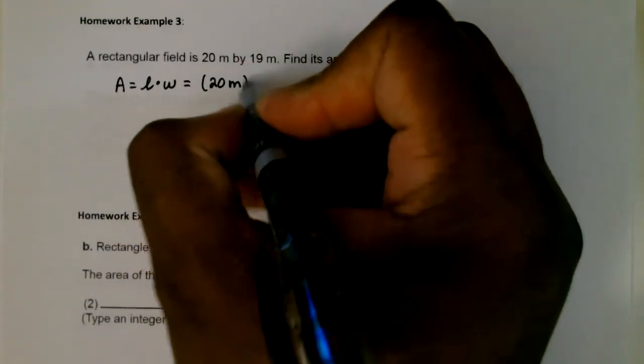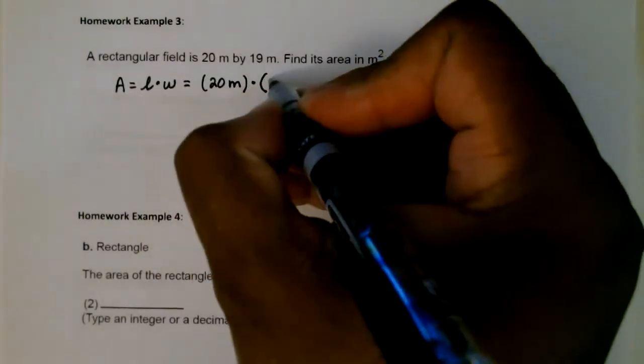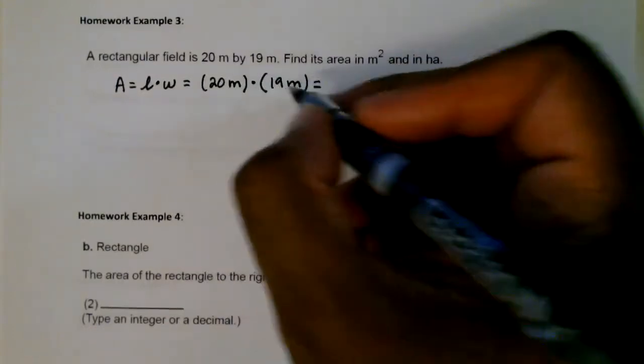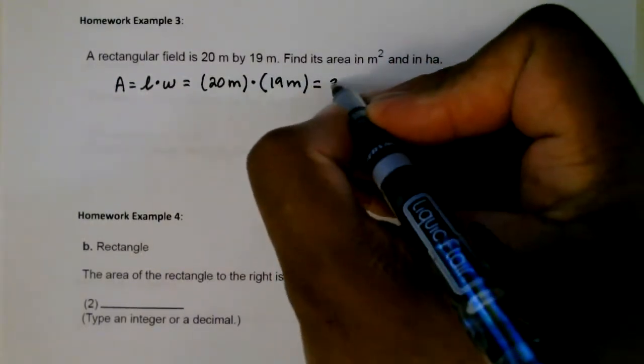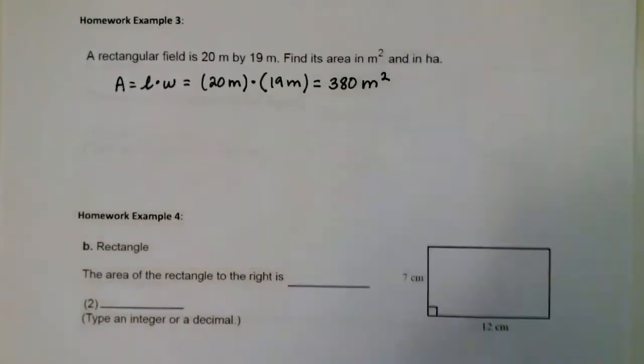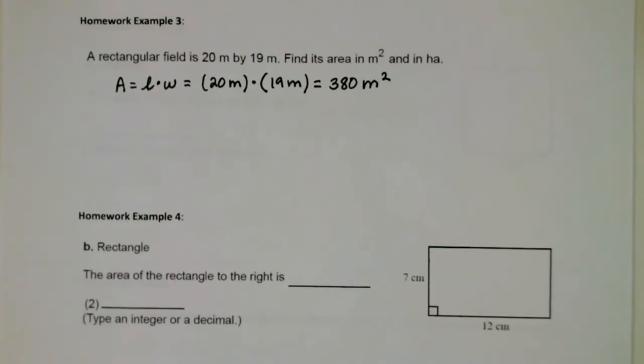I'm going to let this 20 meters be the length, so it'll be 20 meters times the width, 19 meters. Then I multiply 20 times 19. This will be 380, and of course, that's going to be in square meters. So the area of that rectangular field would be 380 square meters.